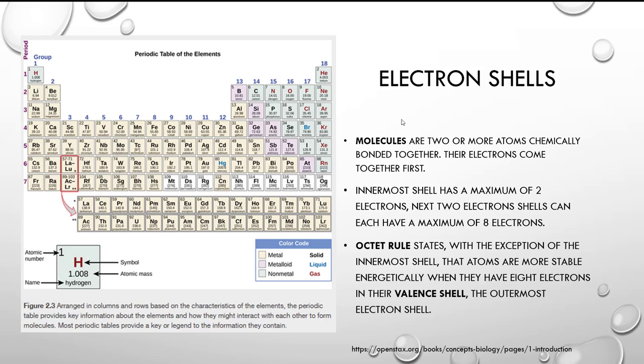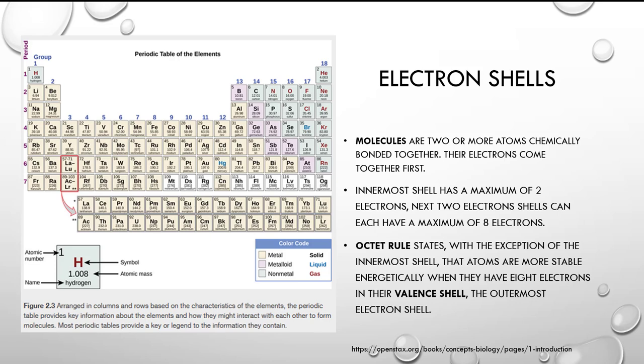So you can start seeing that these atoms can work together. Lithium could get rid of its electron and drop down to its first shell. By doing so, it would become something called an ion, and we'll talk more about that in a minute.